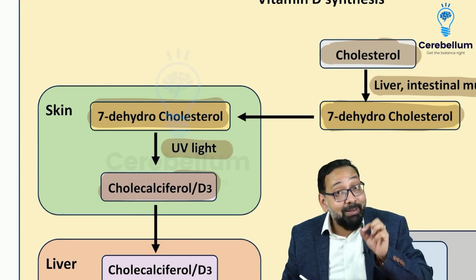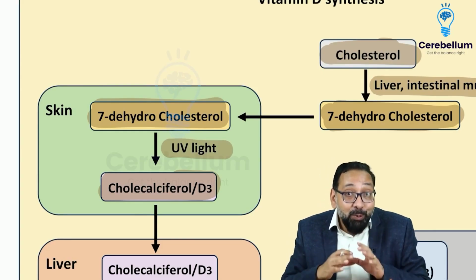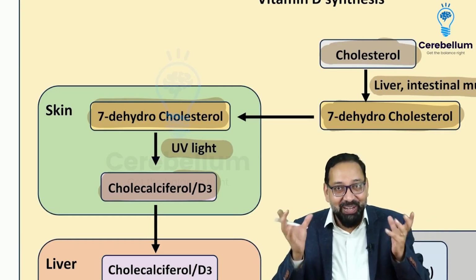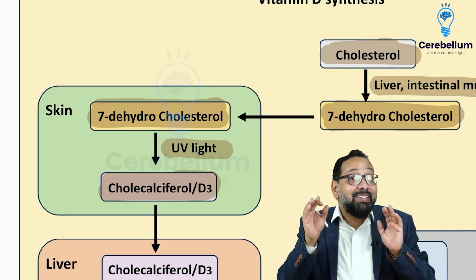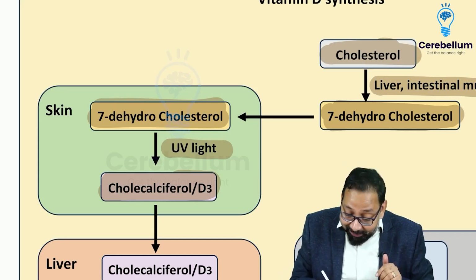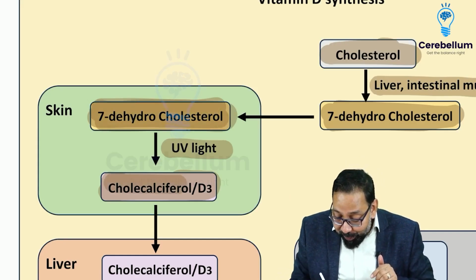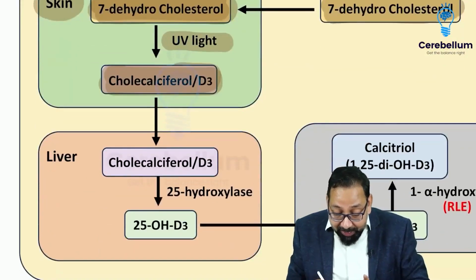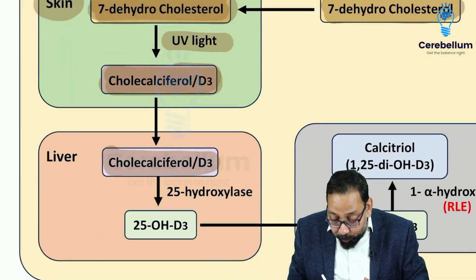By ultraviolet light. That's why we say you should go in sunlight. Just like jadoo, jadoo ki tarah dhoop khani hai tumne. Yes, because in sunlight, you will be able to convert this 7-dehydrocholesterol to cholecalciferol D3. It occurs in skin. Now this cholecalciferol or vitamin D3 goes to liver.